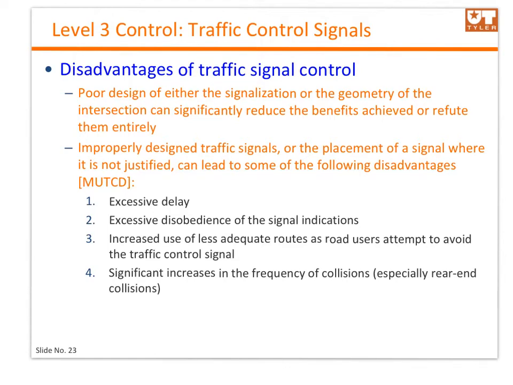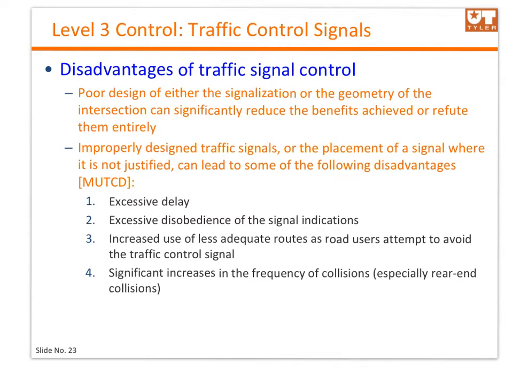and the second disadvantage is basically a result of this first one. People now are going to be irritated because of having too much delay, and therefore we're going to experience excessive disobedience of the signal indications.